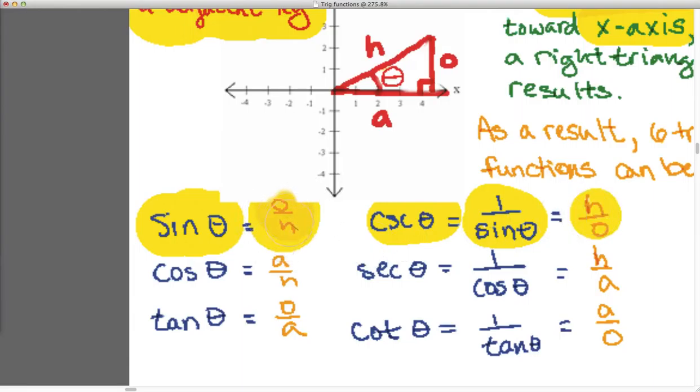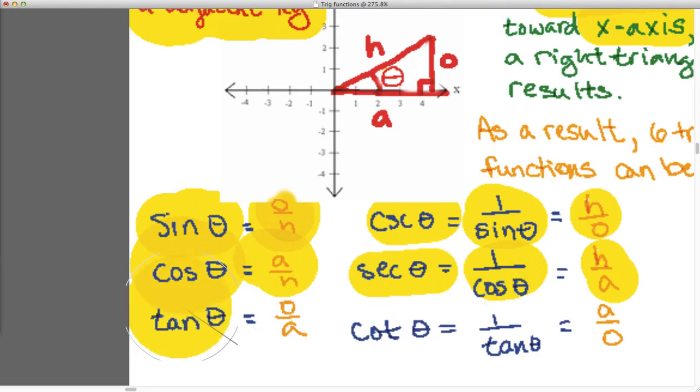If we look at cosine, we have adjacent over hypotenuse, and its reciprocal secant is hypotenuse over adjacent. And then if we look at tangent, we're going to have opposite over adjacent, and cotangent as a result, the reciprocal, is going to be adjacent over opposite.